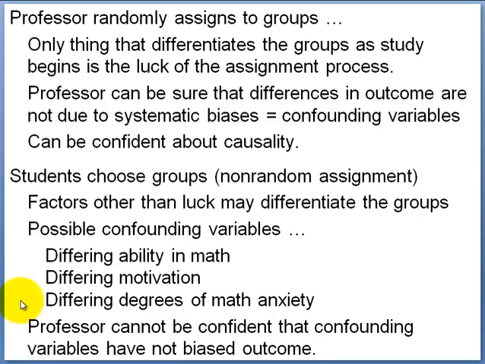So in short, given the absence of random assignment, there's no way to logically unravel whether the better performance in the module group is due to the greater effectiveness of that intervention or due to one of the confounding variables that I've mentioned.